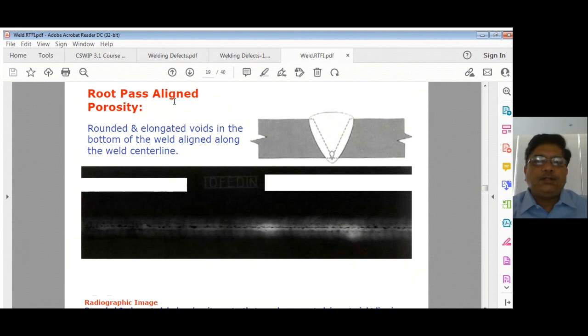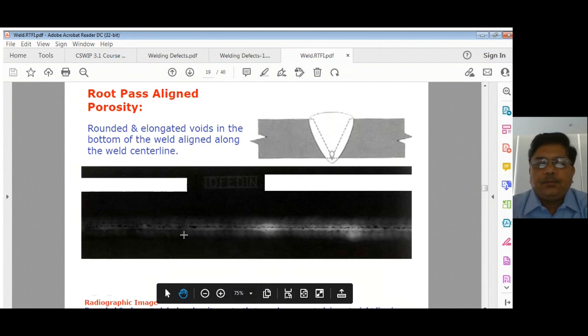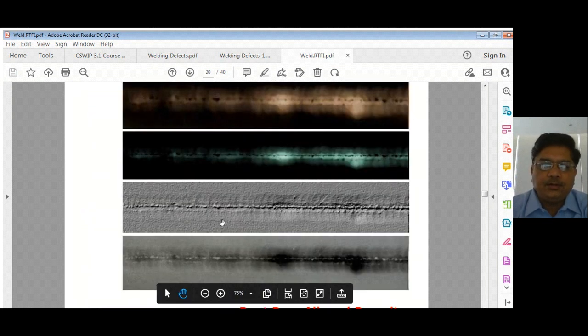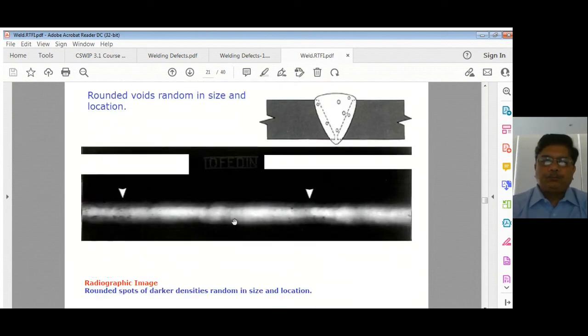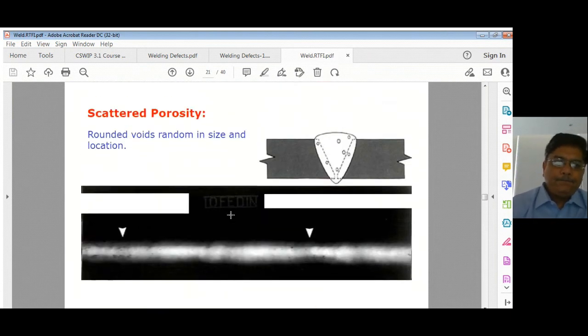Then root pass aligned porosity. You can see all along the root pass there is this porosity aligned. Porosity is very easy to understand because it is a gas pocket, so you will see porosity very well in the radiograph. Similarly, scattered porosity you can see like here in this slide.